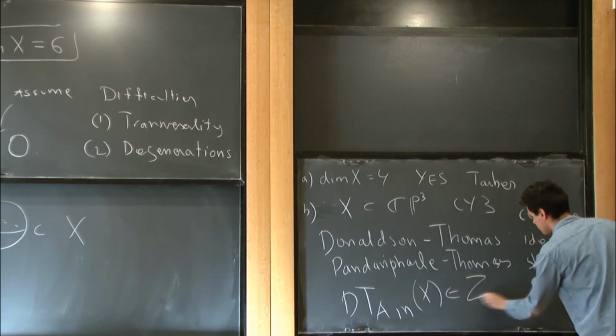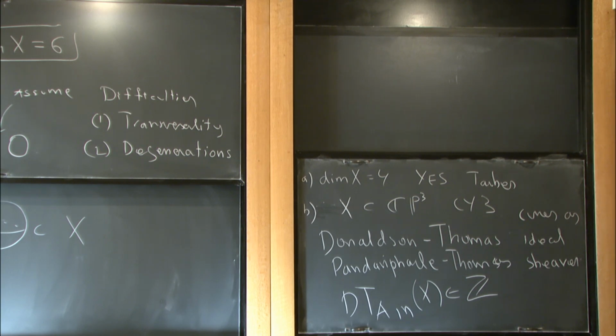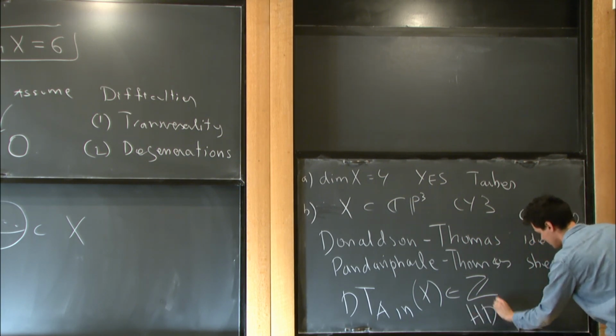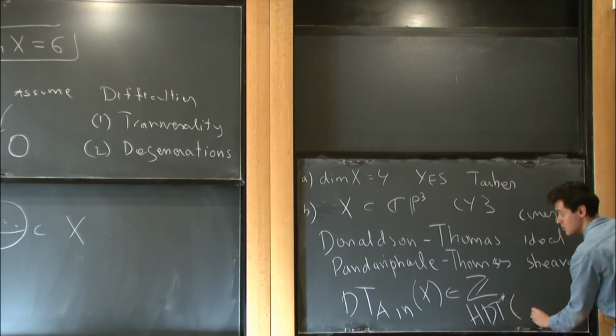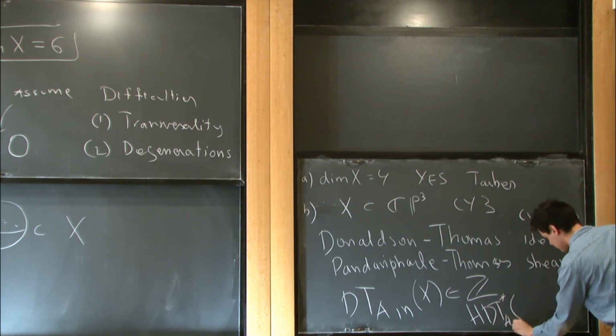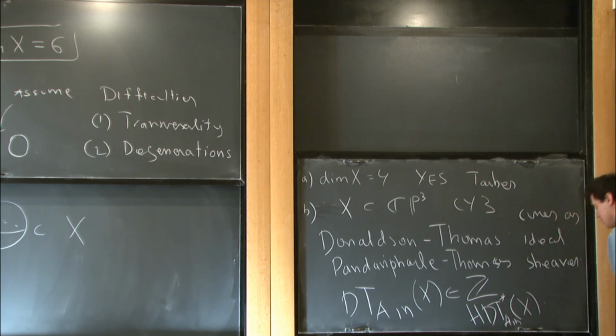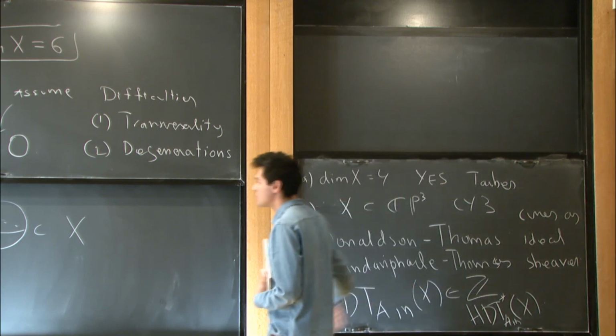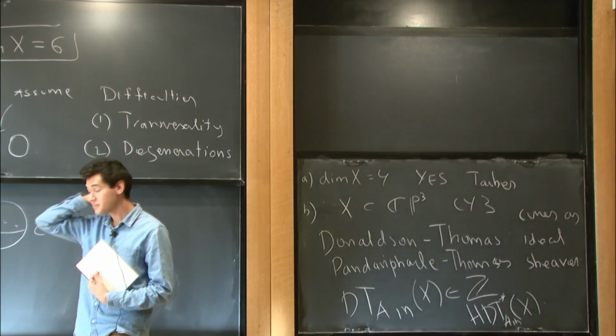And this is actually an integer, which in fact can be promoted to some kind of homology group. So it can be categorified using the theory of perverse sheaves. And there is a famous conjecture which says that these DT invariants are equivalent to Gromov-Witten invariants.